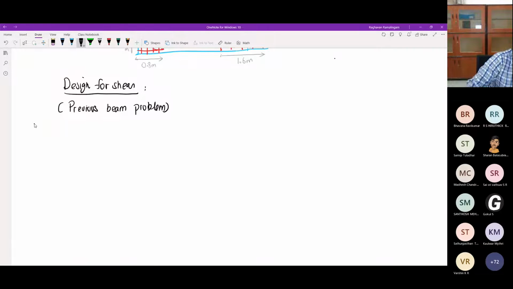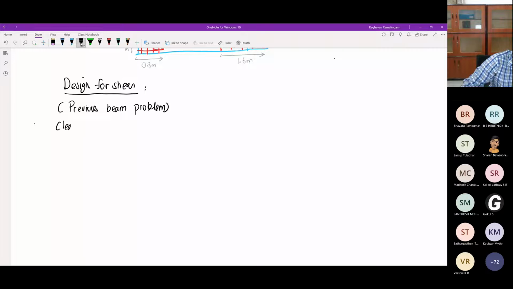The clear span was 5.7 meters. Effective depth was 410 mm. Meaning that effective span, which is equal to clear span plus effective depth, comes to 6.1 meters.